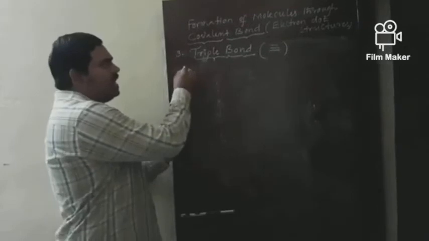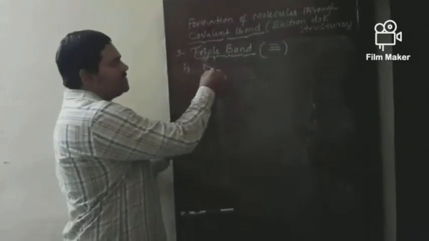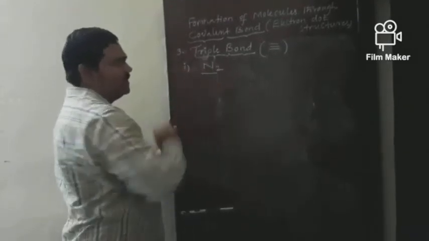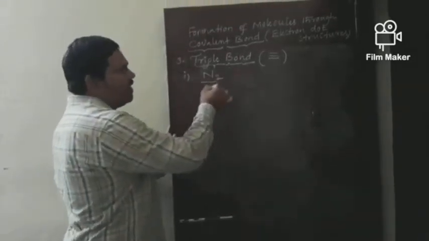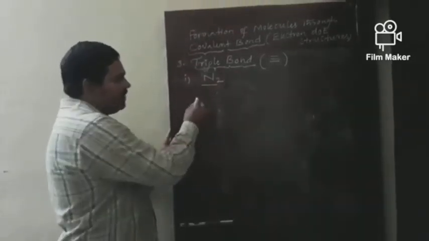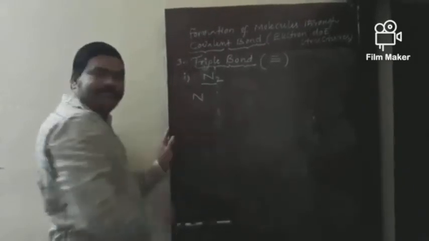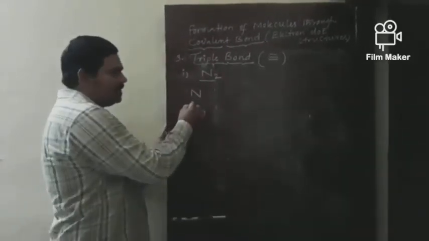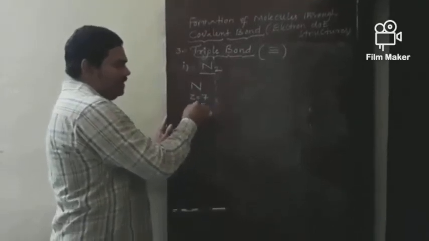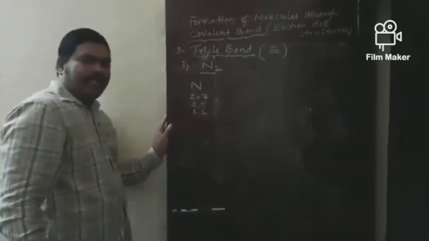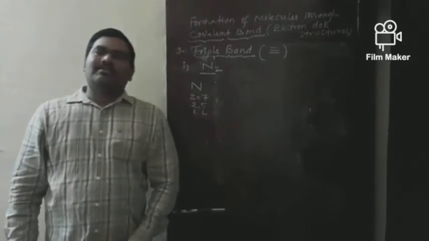And the first example in this category is the best example, nitrogen. The nitrogen formula is N2. First nitrogen I am taking this side. Nitrogen biodata you know already. Atomic number 7, configuration 2, 5. How many valence electrons are there in nitrogen?